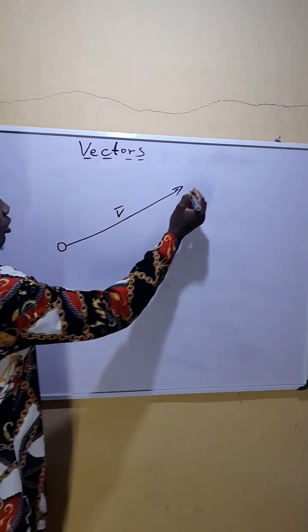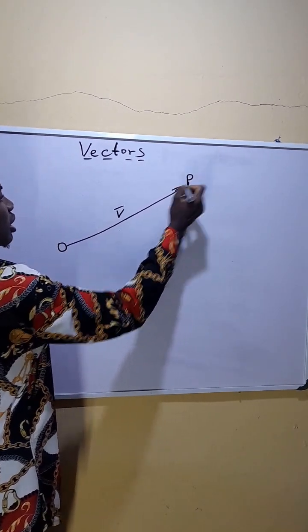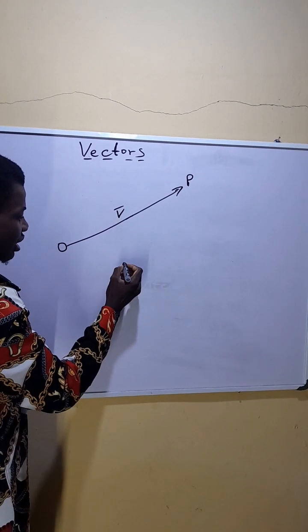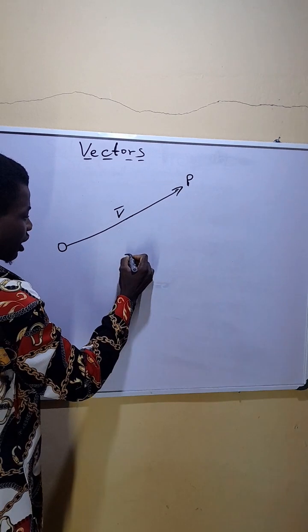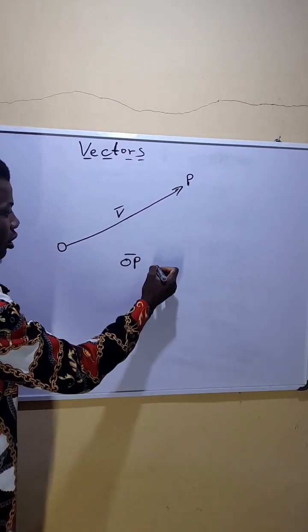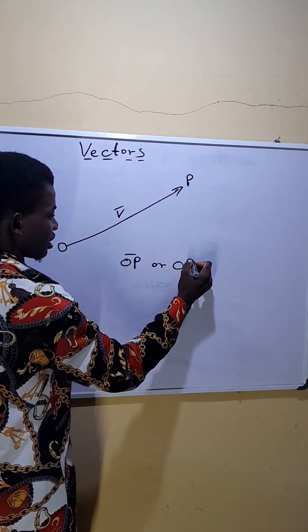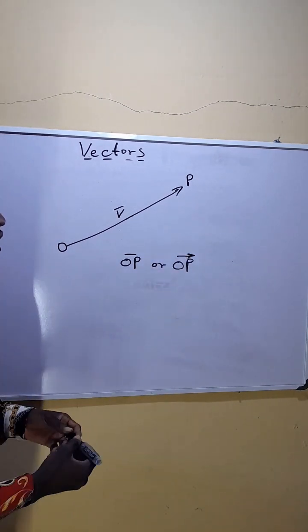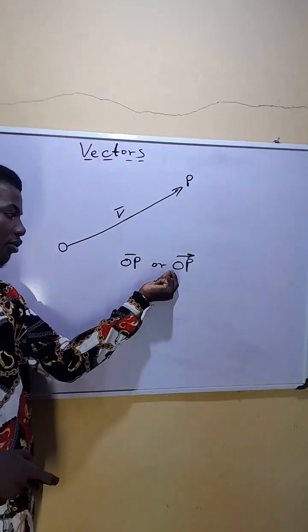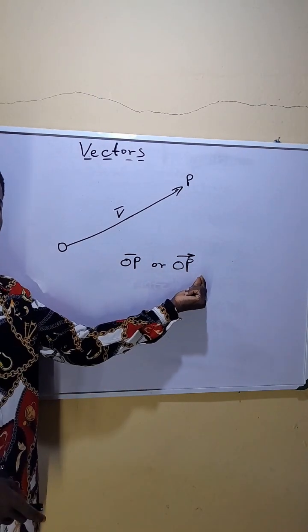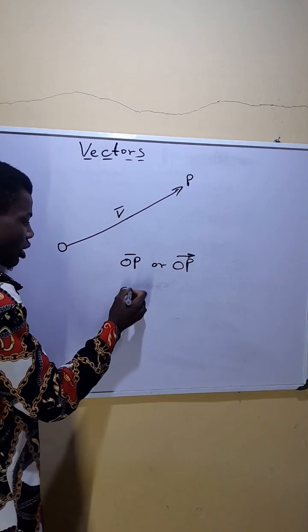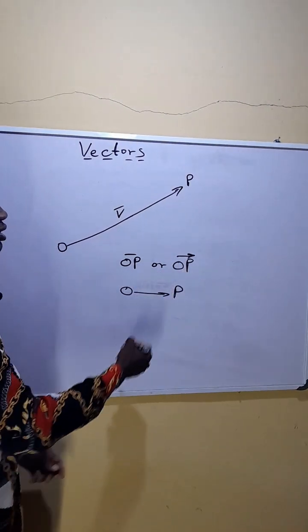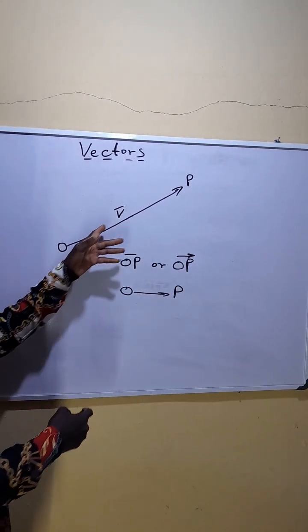The vector is moving from O to P. Instead of drawing this line, we can write OP, or use this notation to denote a vector. This shows that the vector comes from O and goes towards P. That is what this vector is all about.